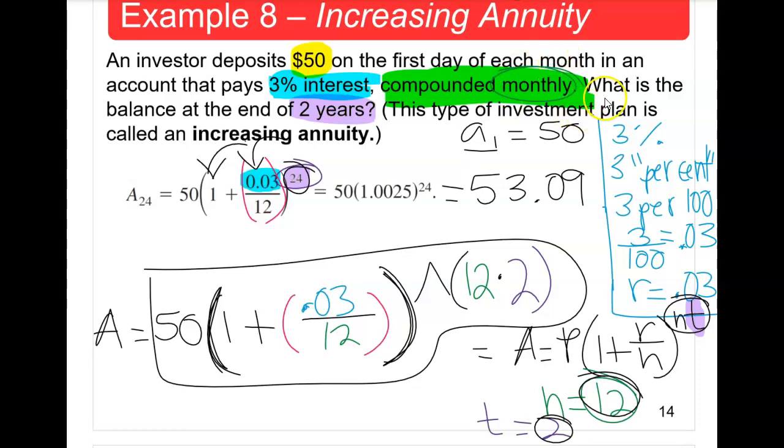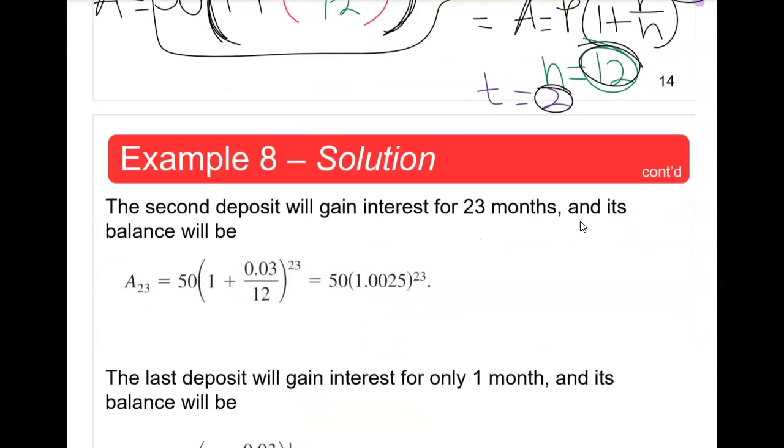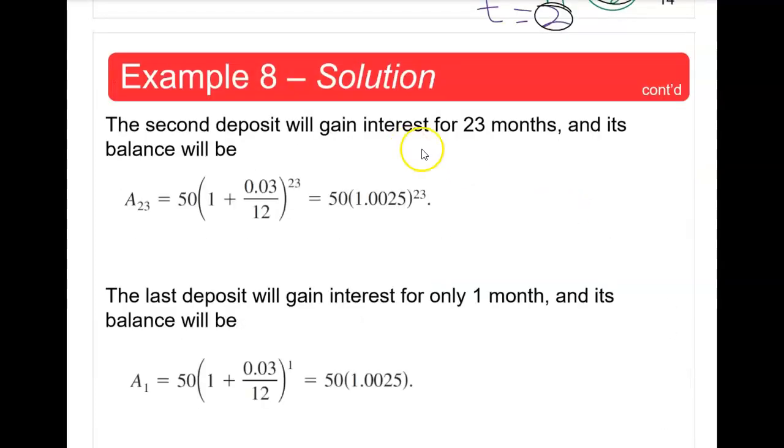Then for the next question, so I'm going to go back and read the question actually. What is the balance at the end of 2 years? Okay, so we have here the answer, 53.09. And the second deposit will gain interest for 23 months.